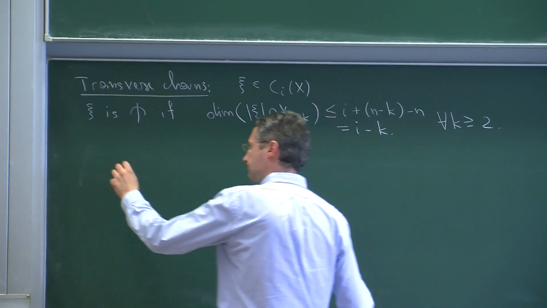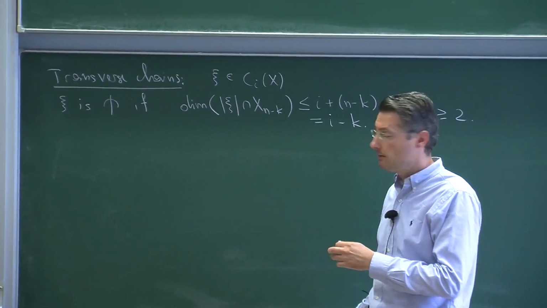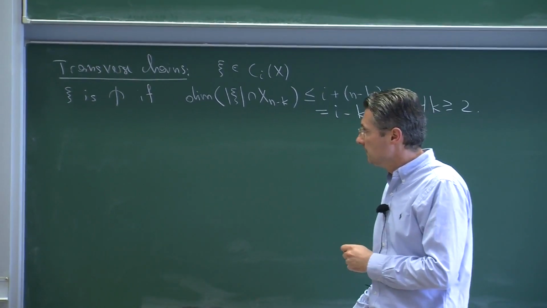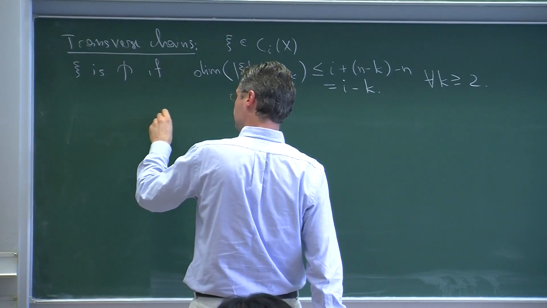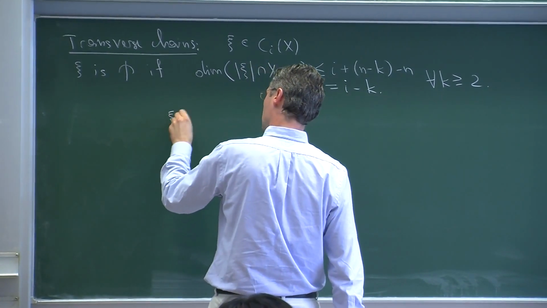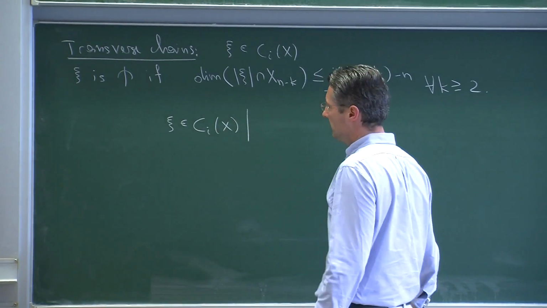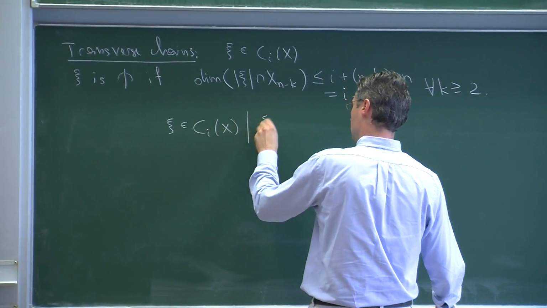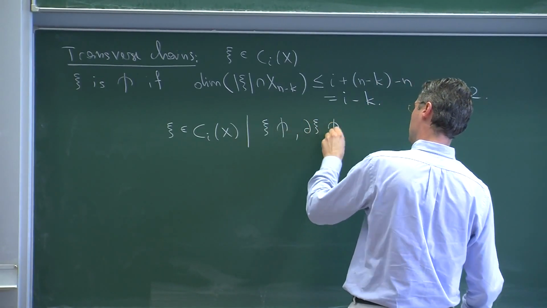And I can make a chain complex out of these, using these as my chains, by saying I look at all chains such that Xi is transverse and the boundary of Xi is also transverse.